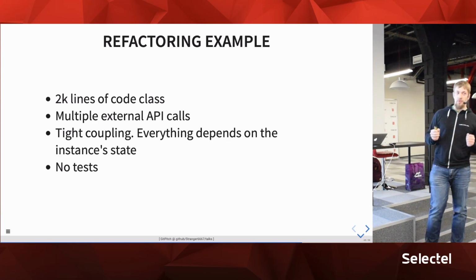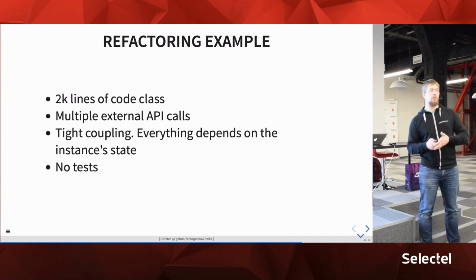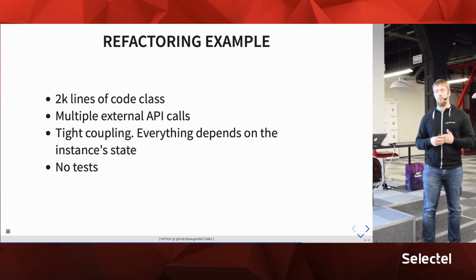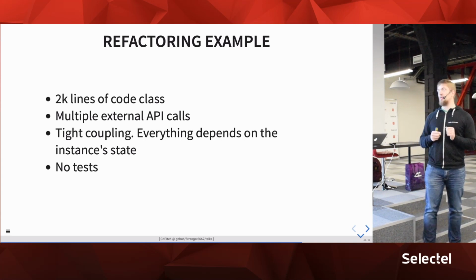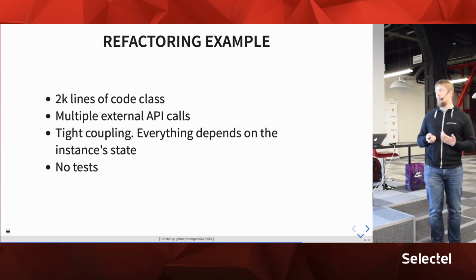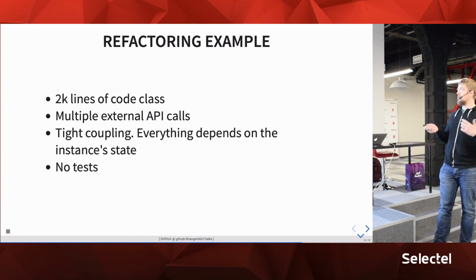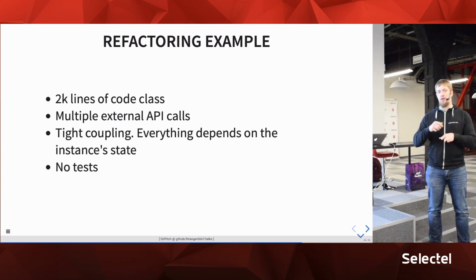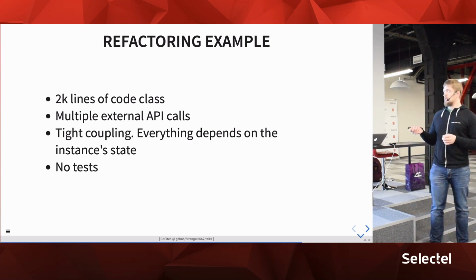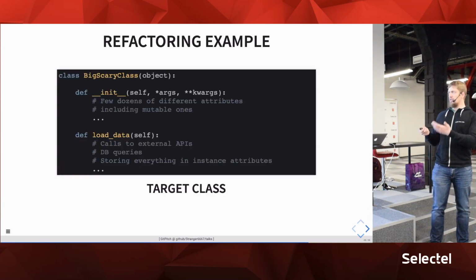Another cool example is about refactoring some tightly coupled code. We had a class like this, 2,000 lines of code with multiple external API calls. It was tightly coupled. Everything depends on the instance state, and there were no tests at all. So it looked like this.